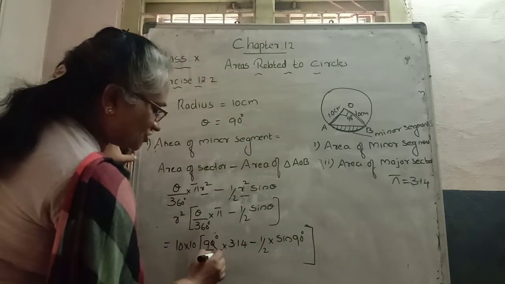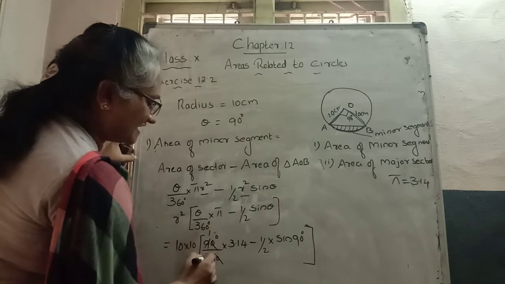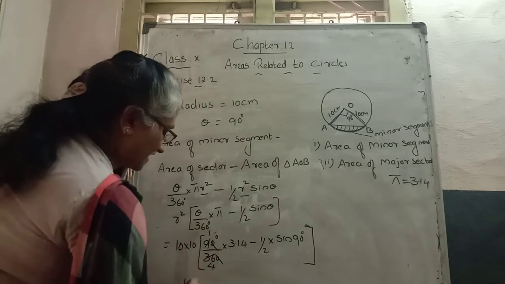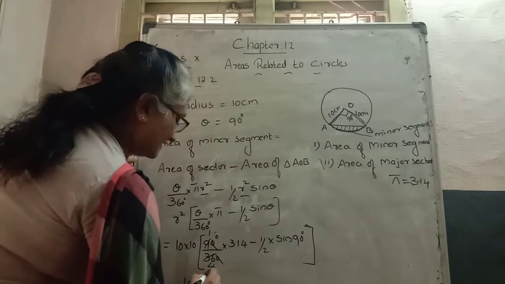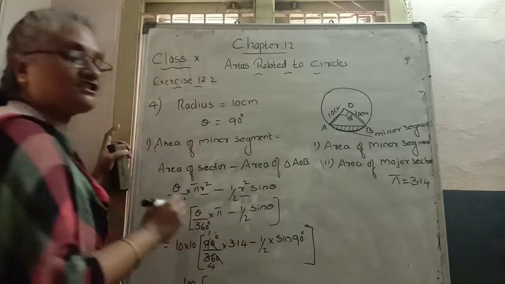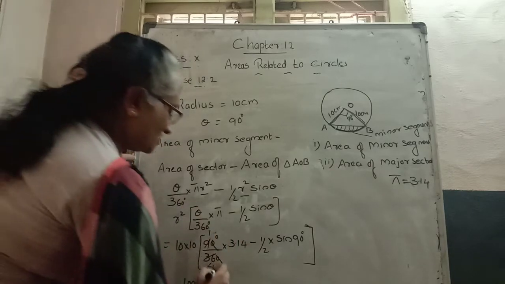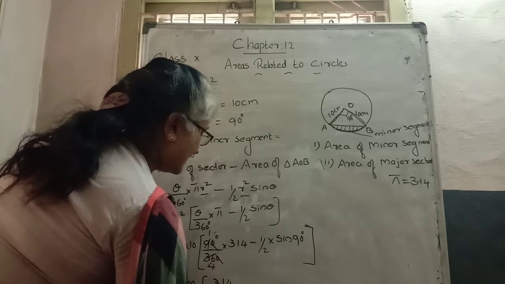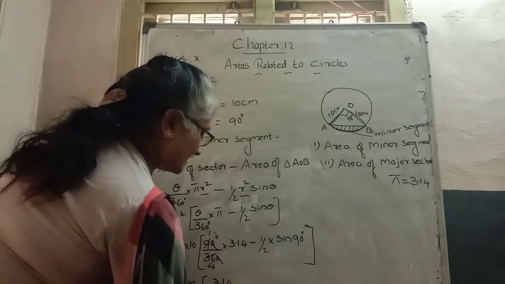Again, 0 and 0 cancel; 9 times 4 is 36, so 90 by 360 is 1 by 4. 10 into 10 comes to 100. Inside the bracket, 1 into 3.14, to remove the decimal point we write 314 divided by 100, and the denominator 4 is already there.